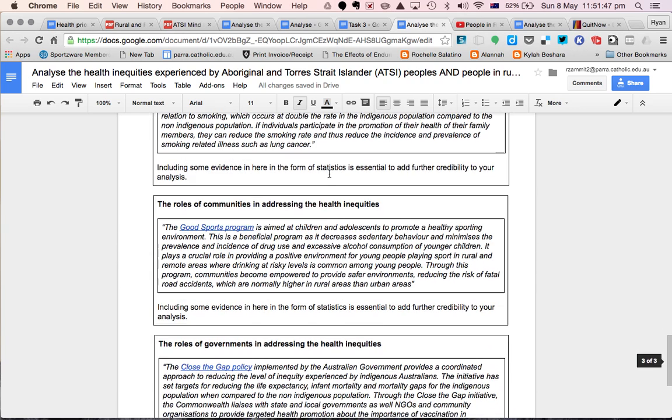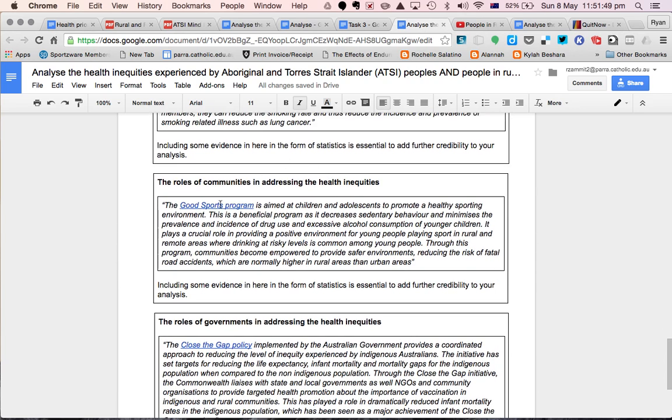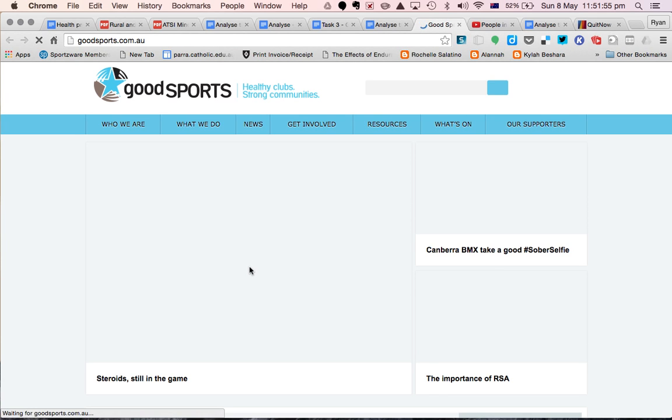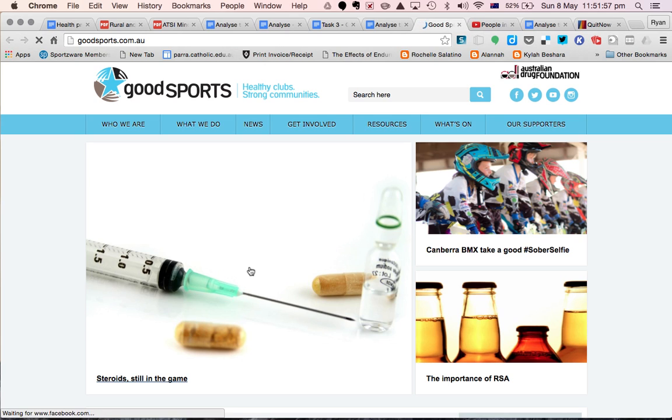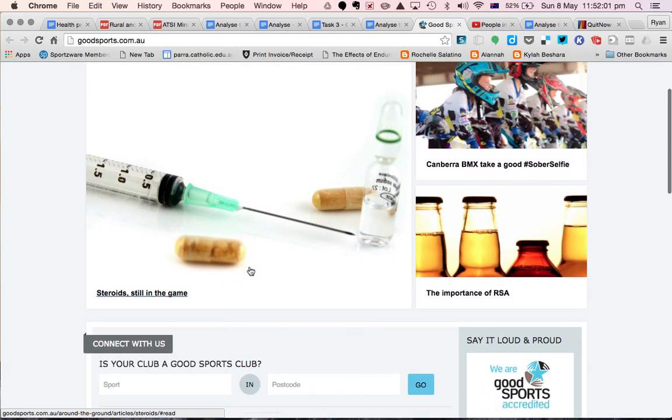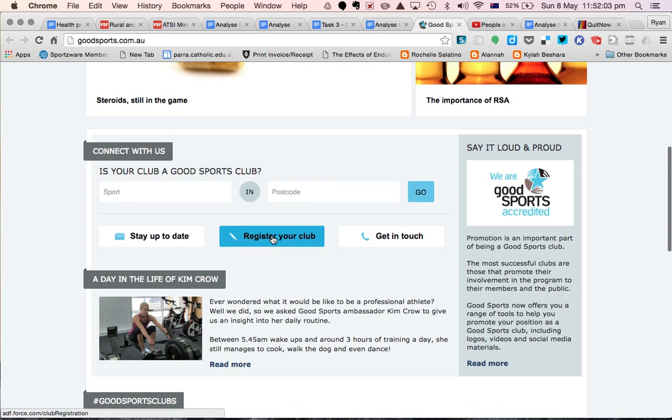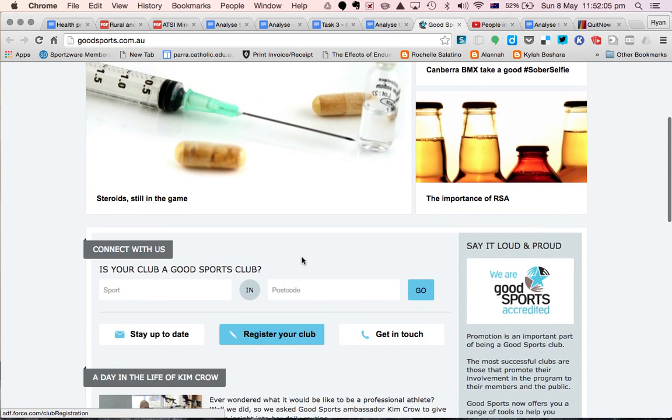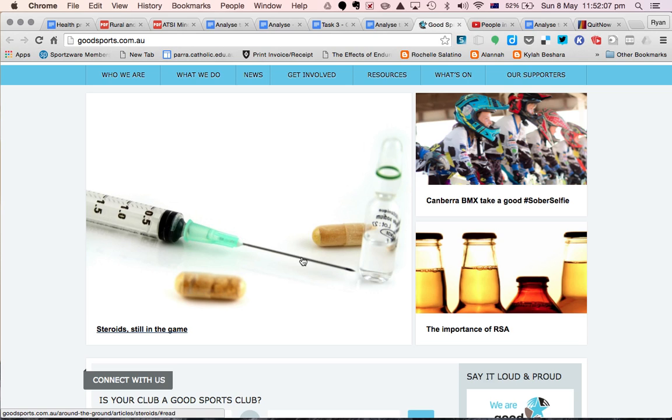We've also got communities. What do communities do? And there's a link in here to the Good Sports program, which is a program that is across the entire country, really, urban, rural. But it's a really powerful program that can help people in rural communities get educated about alcohol, which is a real issue in rural communities.